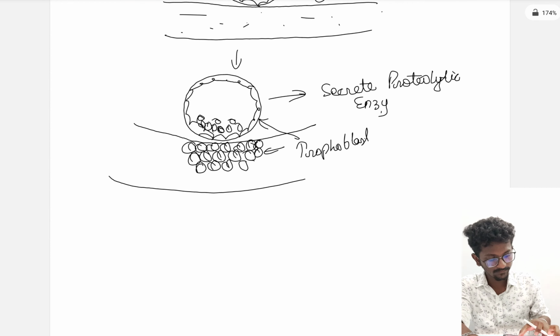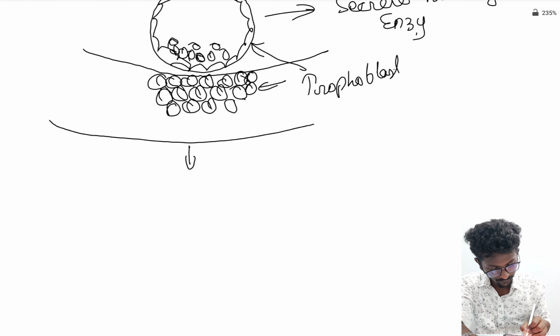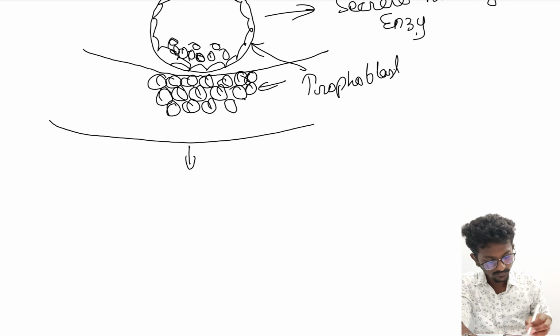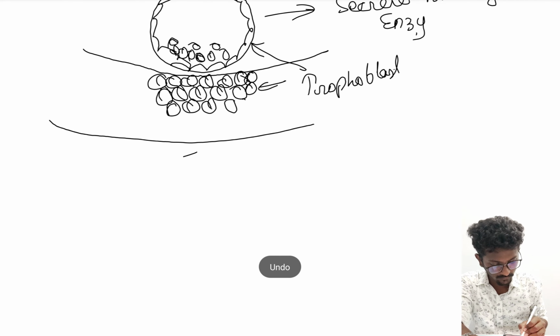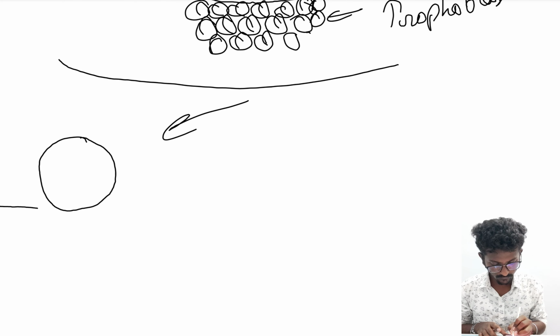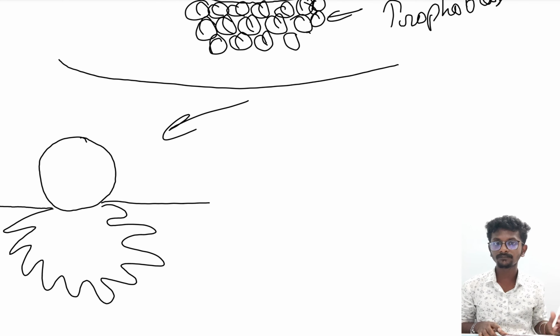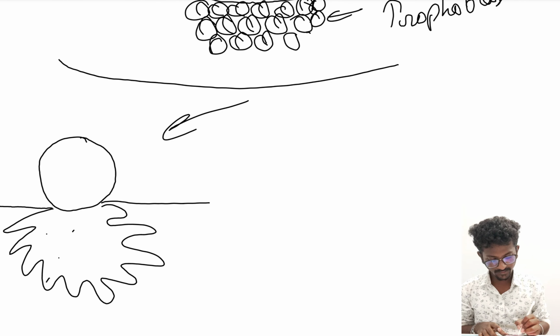So it will look something like this. Let me make it over here. This contains the cell organelles and the nucleus.